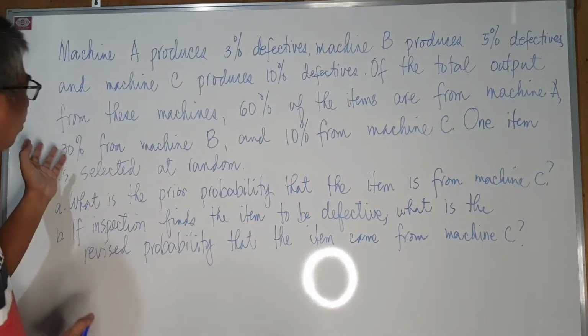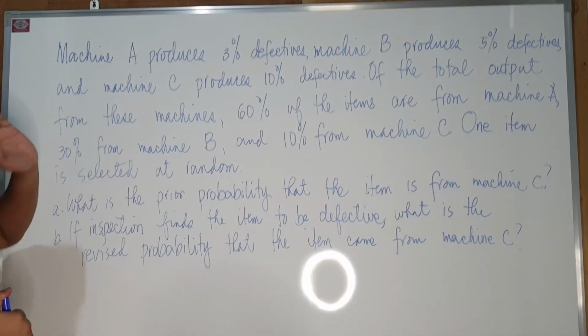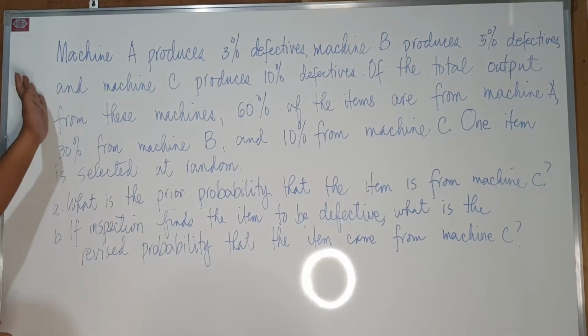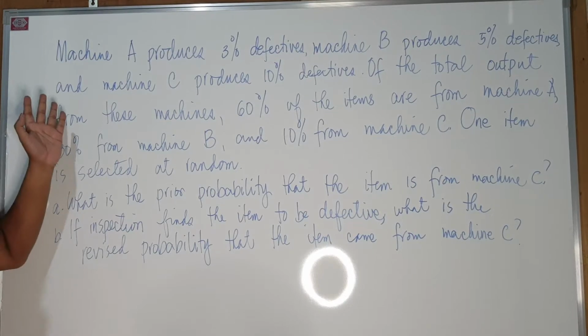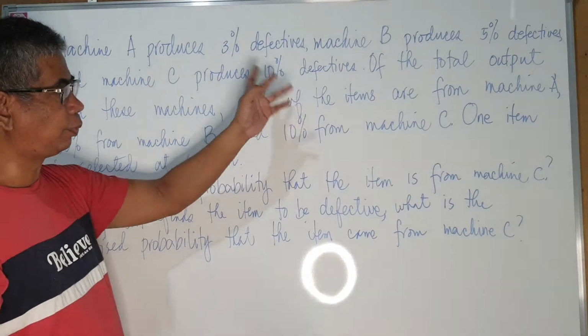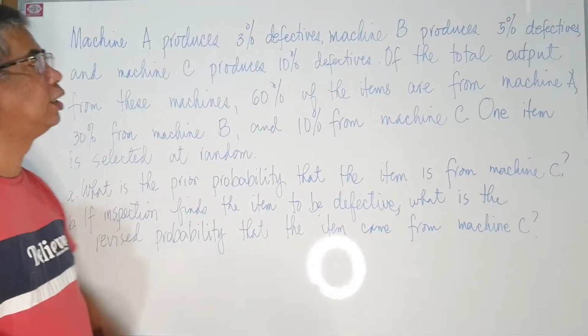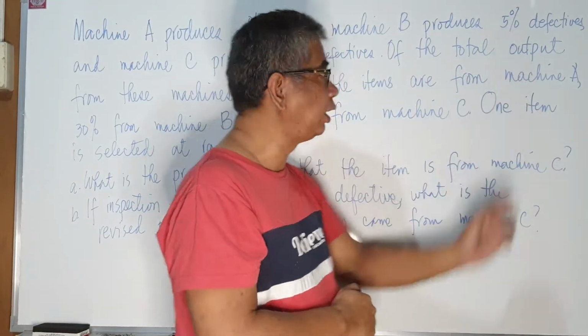So, we have here a problem. A company has 3 machines. Machine A, Machine B, and Machine C. Yung Machine A produces defective products at 3% rate. Tapos, ang Machine B, defective products at 5%.